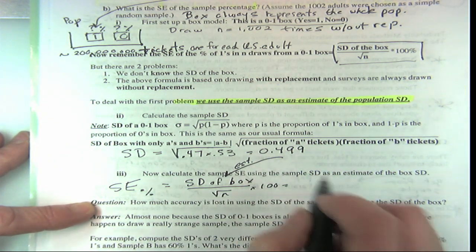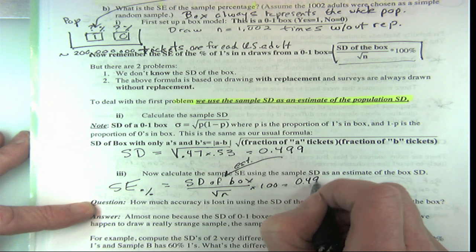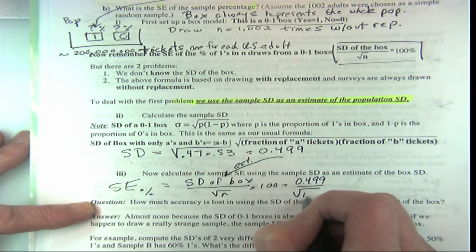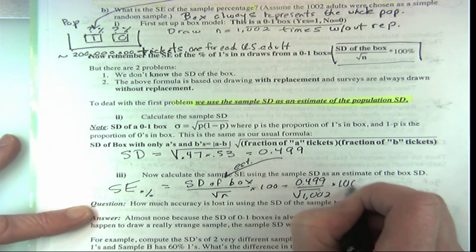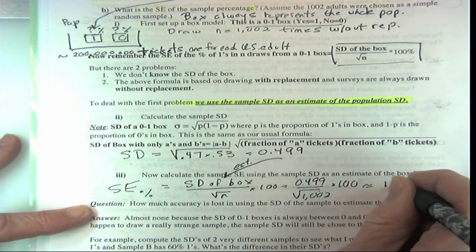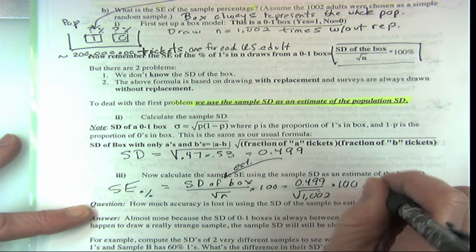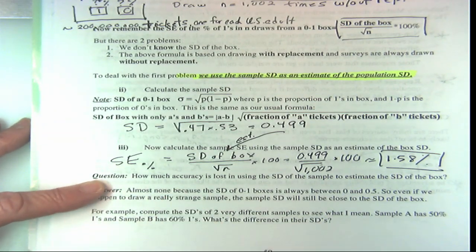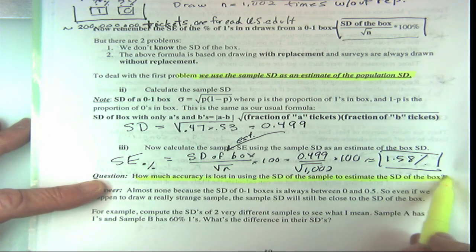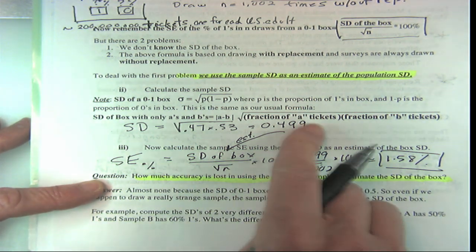So what we get would be 0.499 over the square root of 1,002, times 100, and I got approximately 1.58%. Now the question is, is that a big problem? How much accuracy is lost when we do that? We didn't make any adjustment at all.